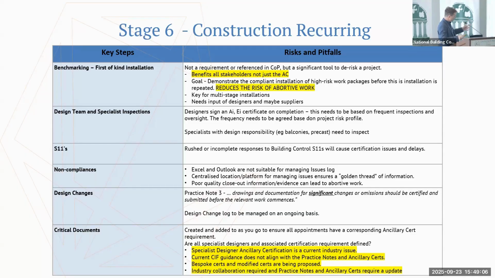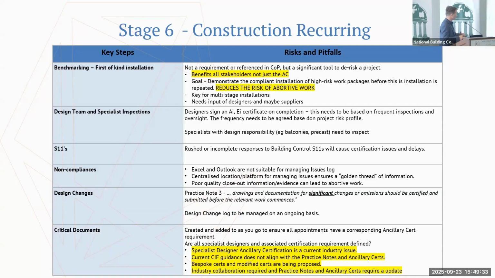Non-compliances. We have a system anyway and others obviously have their own systems, but when we are brought onto projects as third-party auditors, we do see projects out there that deal with non-compliances via Excel spreadsheets or just Outlook or minute notes. Not really suitable in 2025 and going forward.